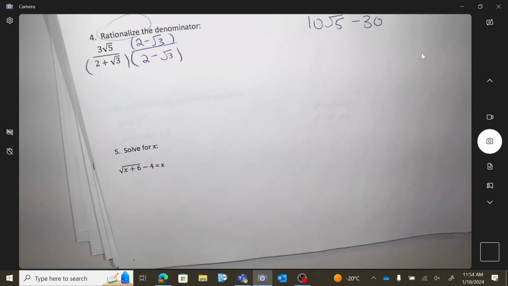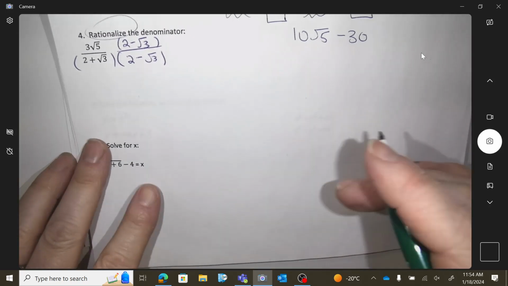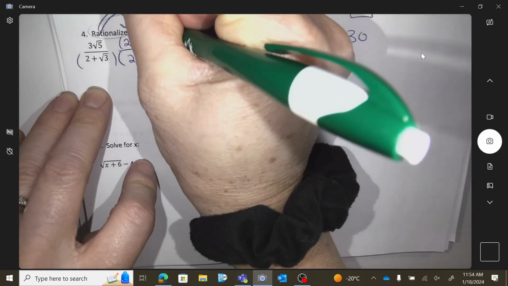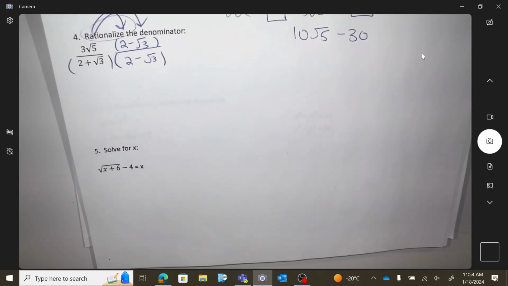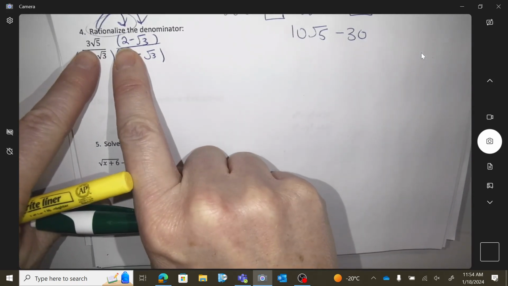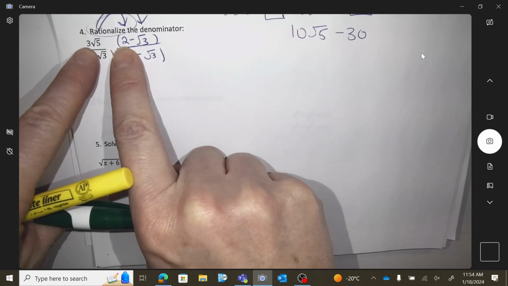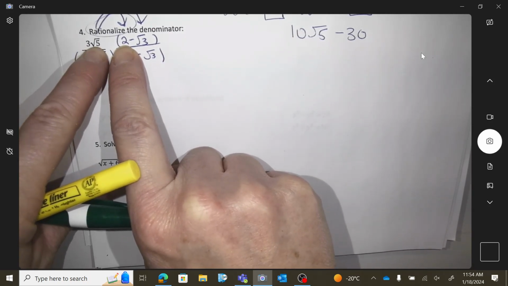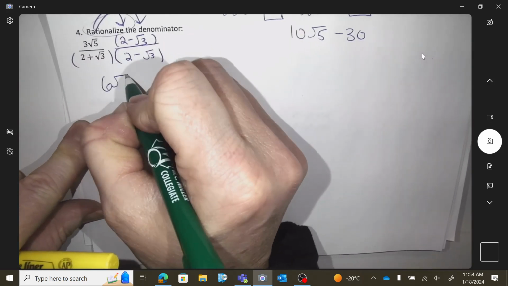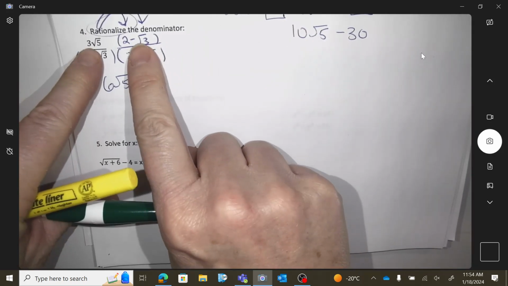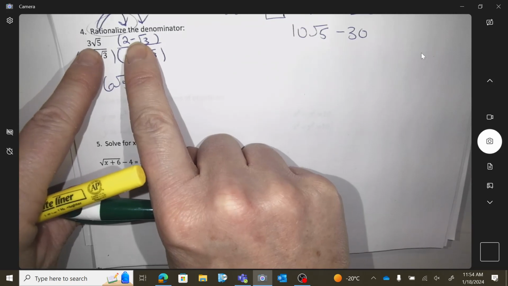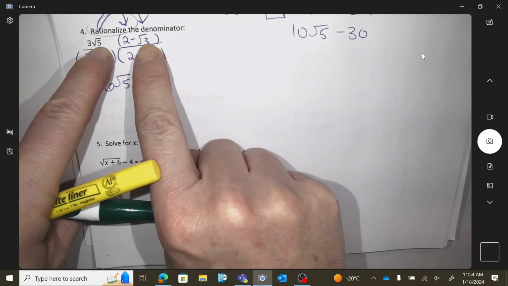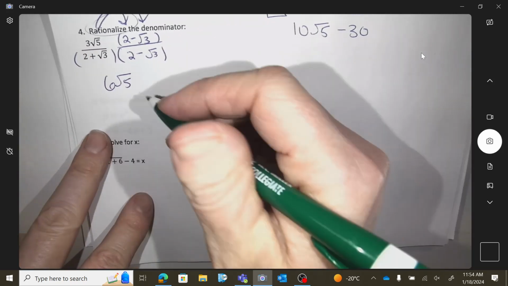Okay, so now let's do the top. The top would look like this. I need to do the multiplying like that. So this would be what? 6 radical 5. 6 radical 5. Minus 3 out front radical 15.